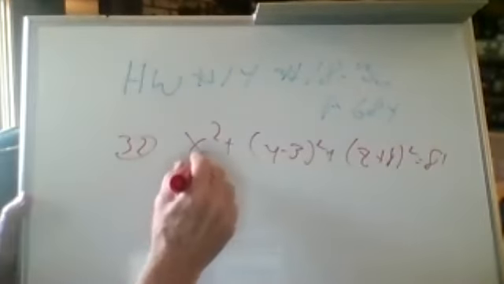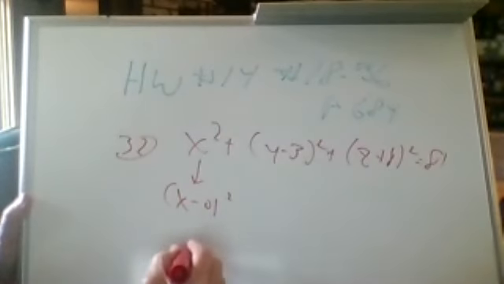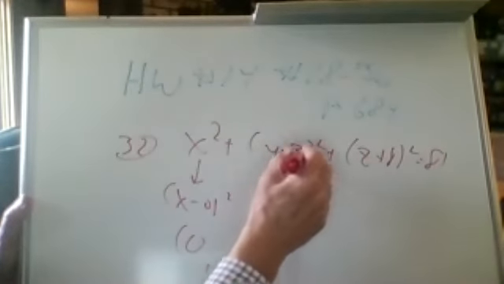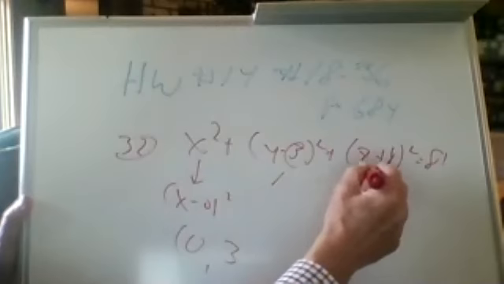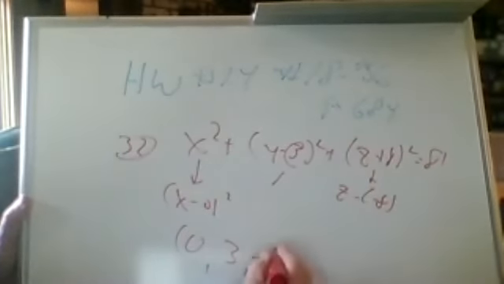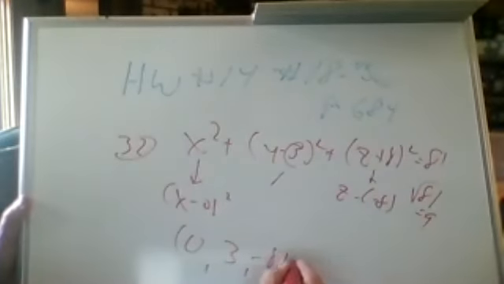This is really x minus 0 squared, so that gives me 0. This is y minus 3, so that gives me 3. And z plus 8 is z minus -8, so that gives me -8. And the square root of 81 is 9.